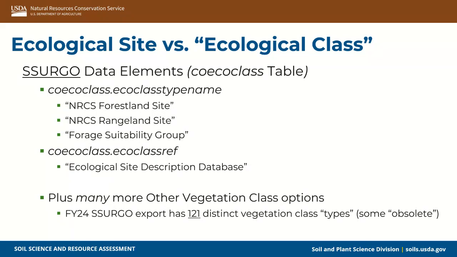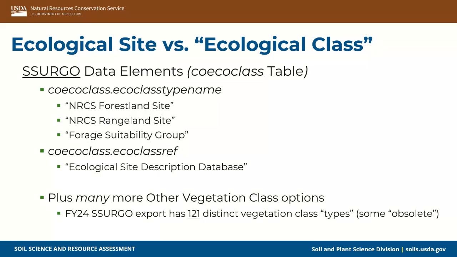Given the focus on PES and getting all of our SSURGO major components well correlated to a defensible concept that we can then work with, the main focus so far has been on these forest and rangeland sites. But in theory, all of these routines could be applied to any type of vegetation class that's available in SSURGO.